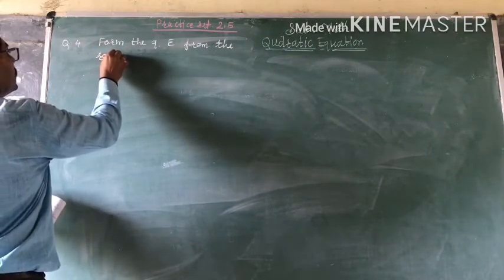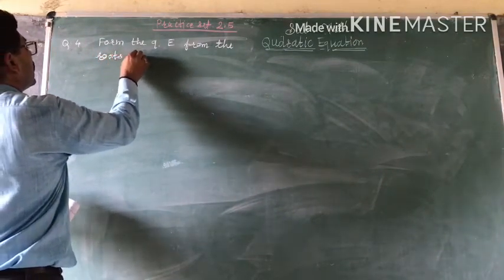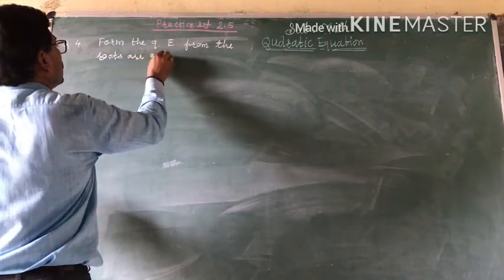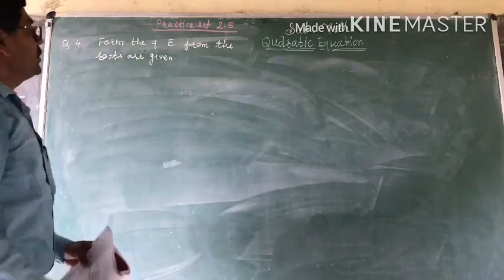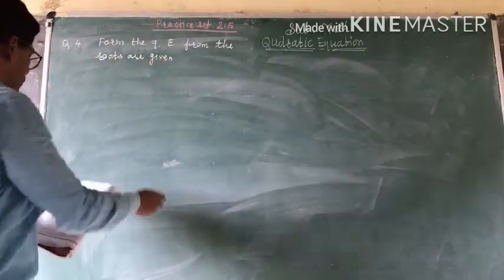Here we have to form a quadratic equation when two roots are given.